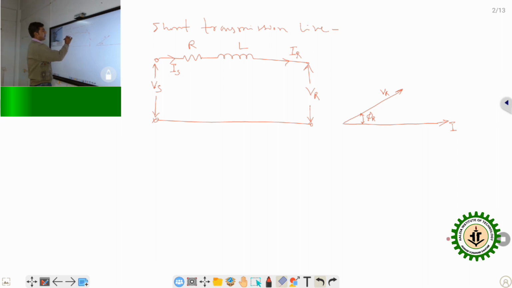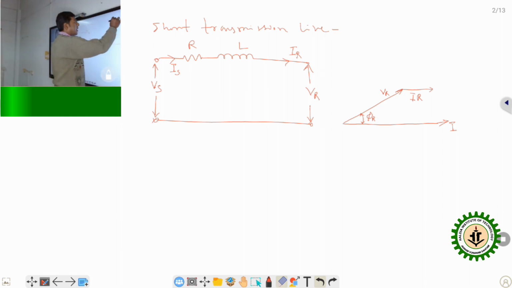When the current IS is passing through the resistance and the inductance, obviously the IR drop will happen, and here the I XL drop will happen. This is the IR drop, meaning resistive drop, and this is the IX drop, that means inductive reactance drop.